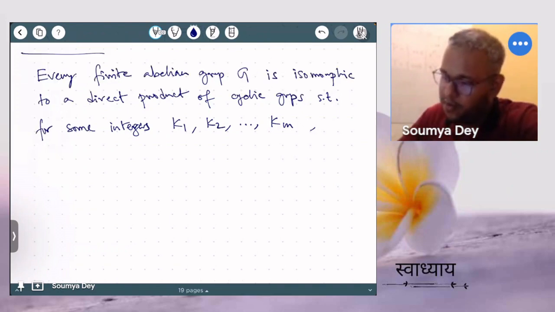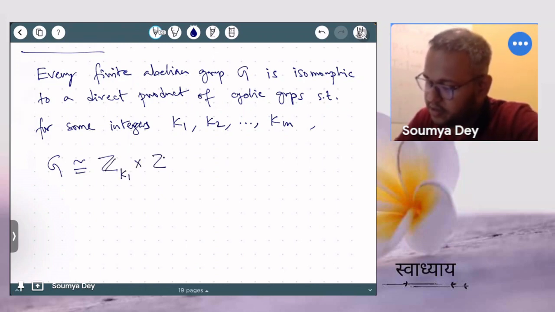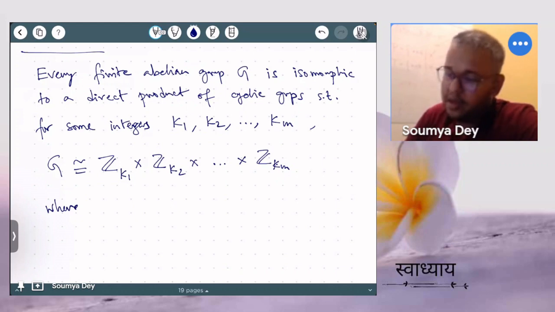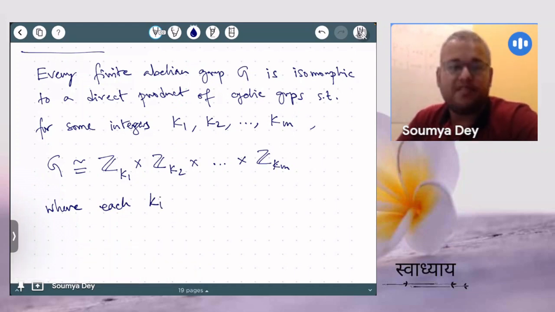G is isomorphic to Zk1 cross Zk2 cross Zkm, where I'm not saying each of these ki's are prime powers, but what I'm saying is each ki is a multiple of ki plus 1.